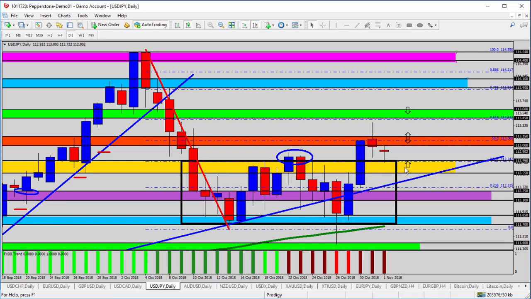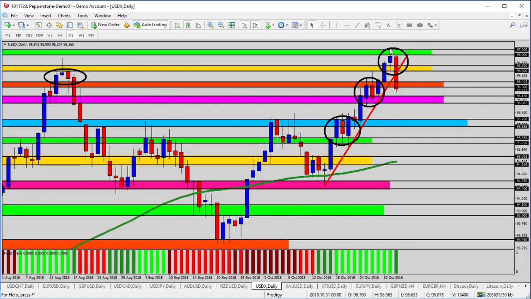We know, of course, over the next day, going even into tomorrow, we have significant news for the US dollar with non-farm payrolls coming up tomorrow, and that can cause significant volatility. Over the past 24 hours, we've seen a little bit of a change in direction for the US dollar. It has sold off quite dramatically. If I go over here to the dollar index chart, you can see that dramatic change in direction.